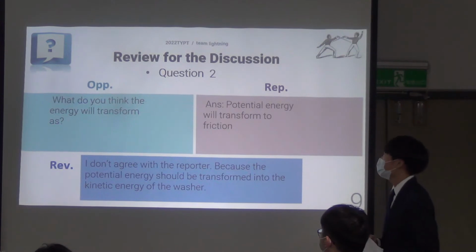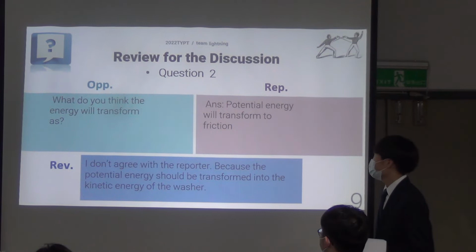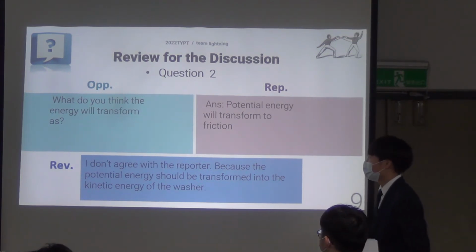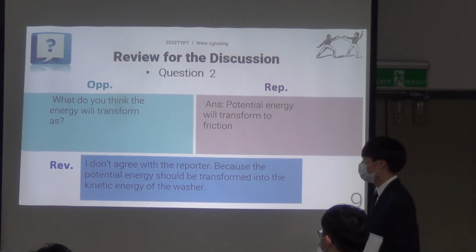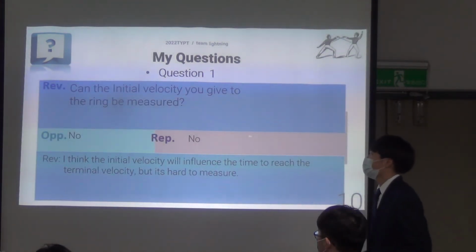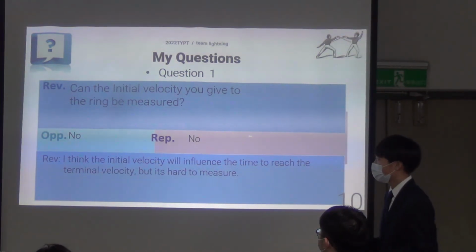The second question is, what do you think the energy will transform into? The reporter says potential energy will transform to friction. But I don't agree with the reporter, because the potential energy should be transformed into the kinetic energy of the washer.